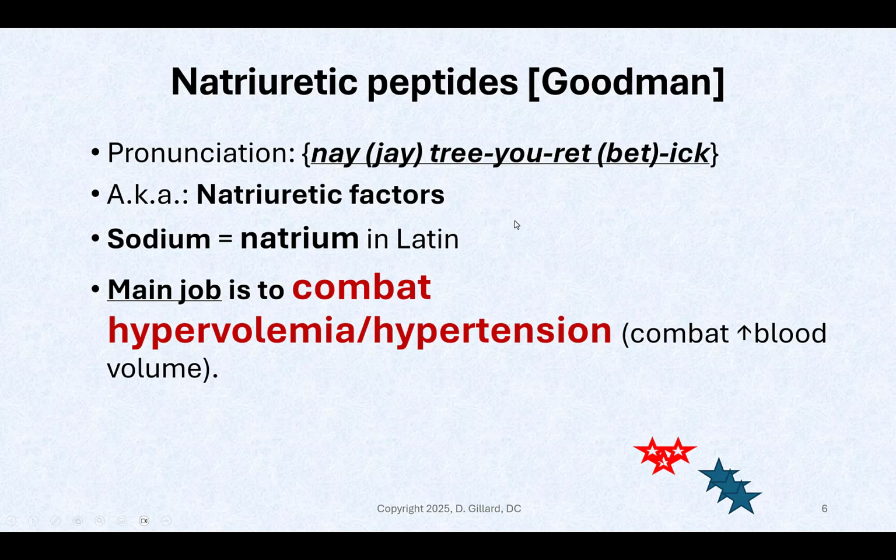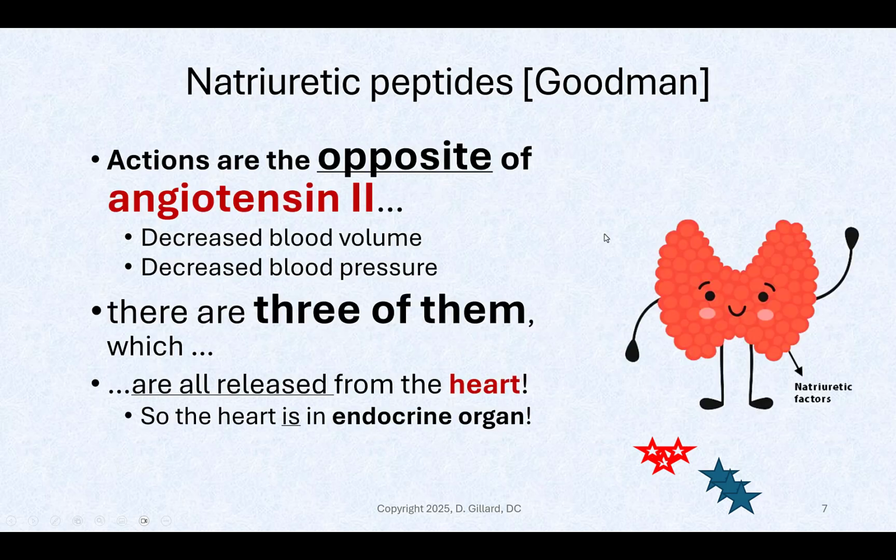There's 3 of them that we need to talk about, but again, its main job is to combat hypertension, or they might say to combat hypervolemia, which is going to cause hypertension. That's too much volume in the blood, which causes the hypertension. Again, its actions are the opposite of angiotensin II. So its job is to decrease blood pressure and decrease blood volume.